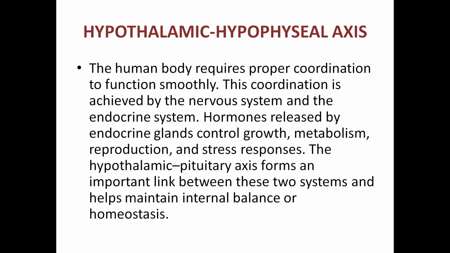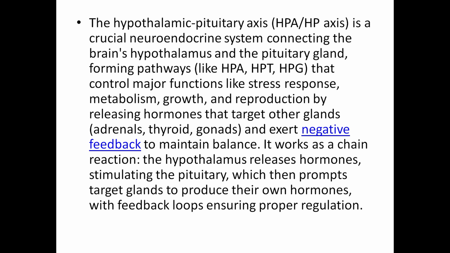If you see there, the hypothalamus secretes some stimulating hormone, then the pituitary gland gets excited by the stimulating hormone, then the pituitary gland secretes some releasing hormone, then the releasing hormone induces a defined endocrine gland to secrete defined types of hormones.